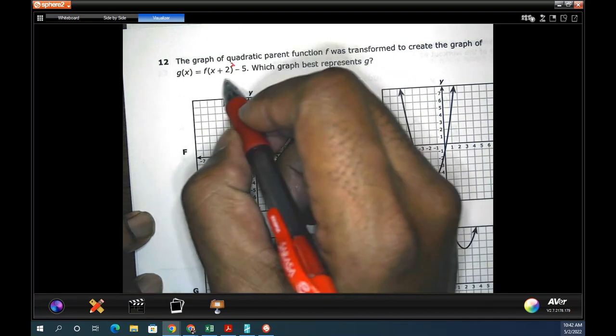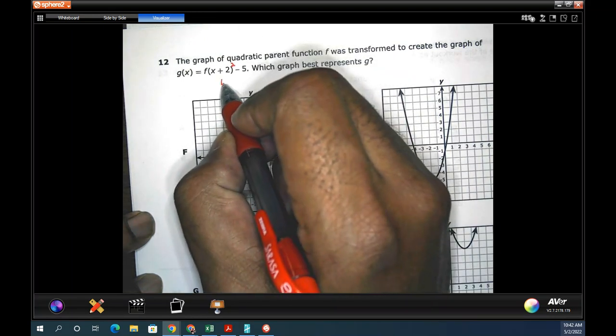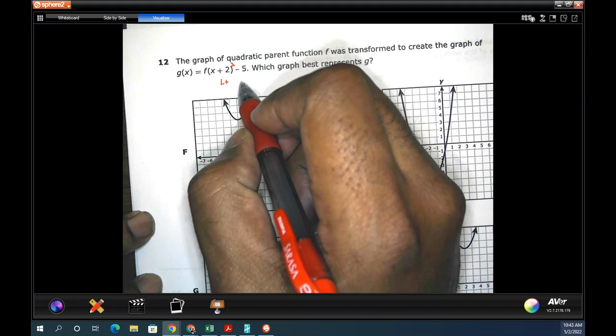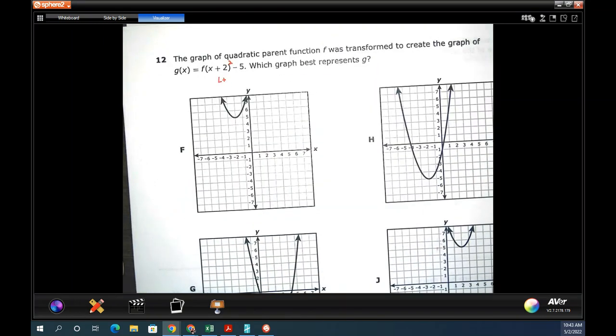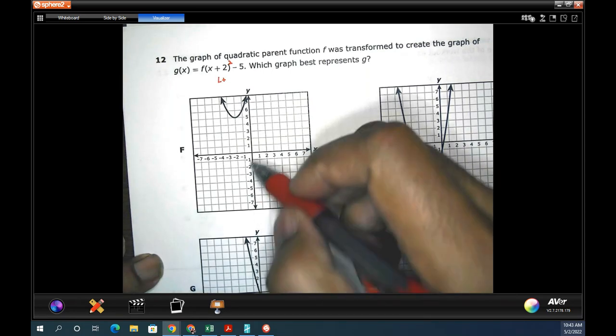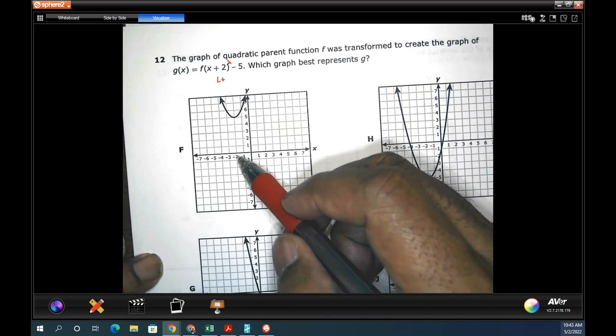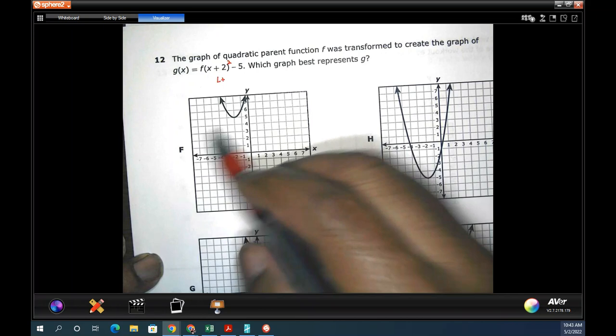But here's the deal. It went left 2, remember that? And down how many? Left 2 and down how many? 5. So you're starting with the parent function. Find the ones that went left 2. This one did, but it went up too much.